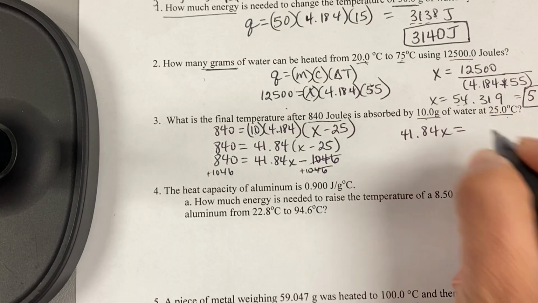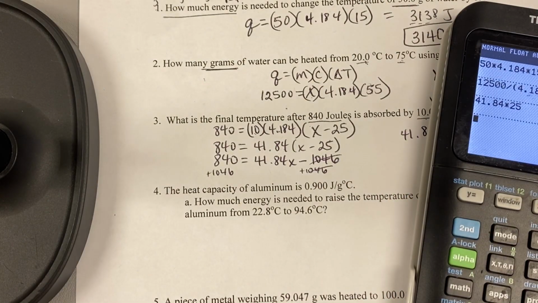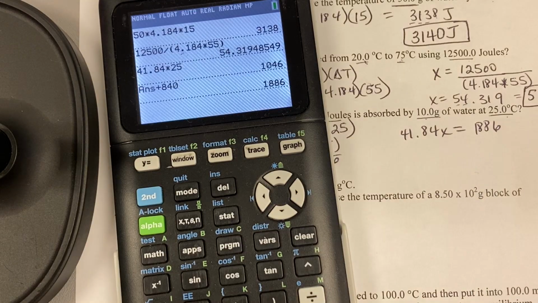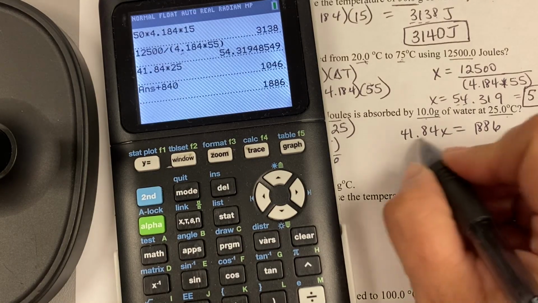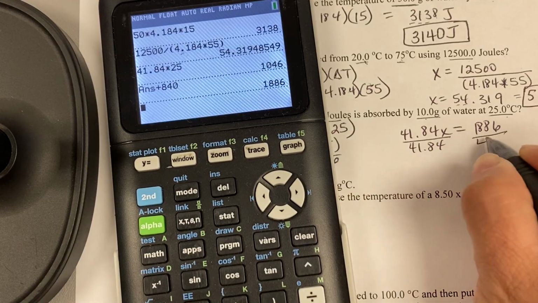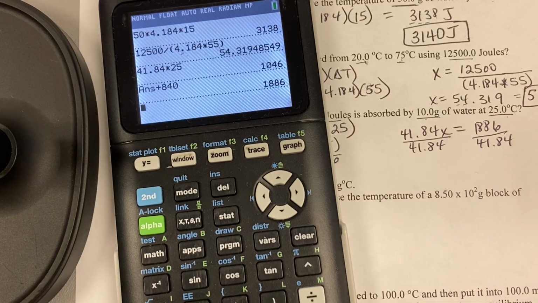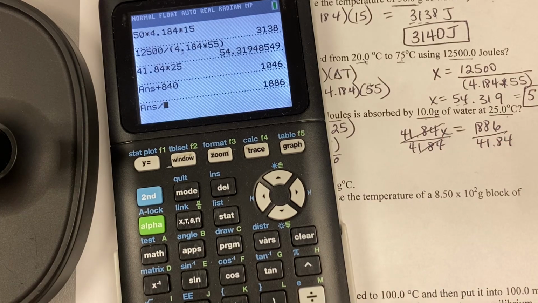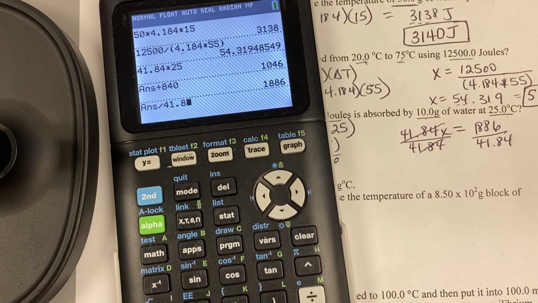And so 41.84x is equal to, what is that number? Plus 840. That would be 1886. All right, so I want to get x by itself. So divide by 41.84. So take your answer and divide it by 41.84.